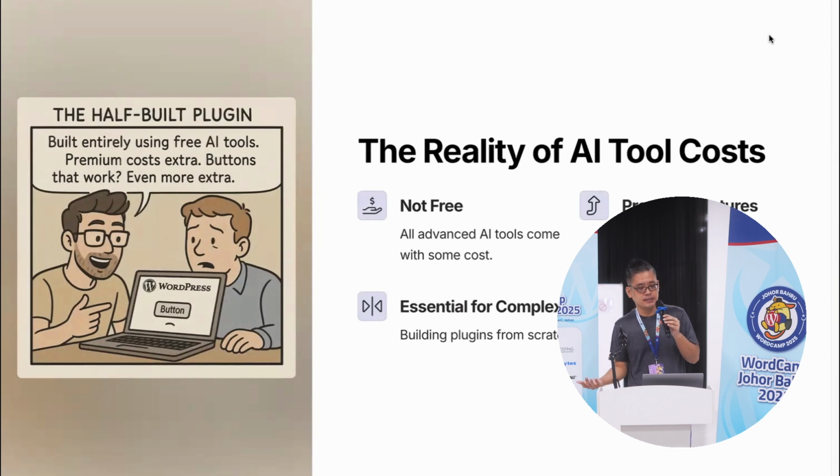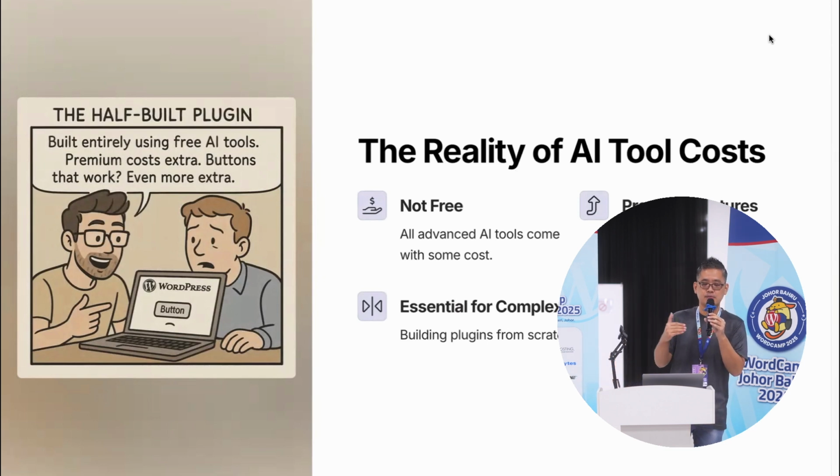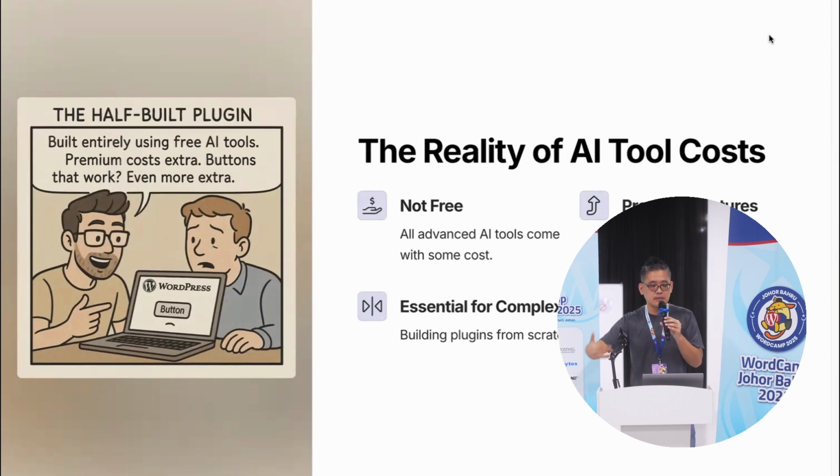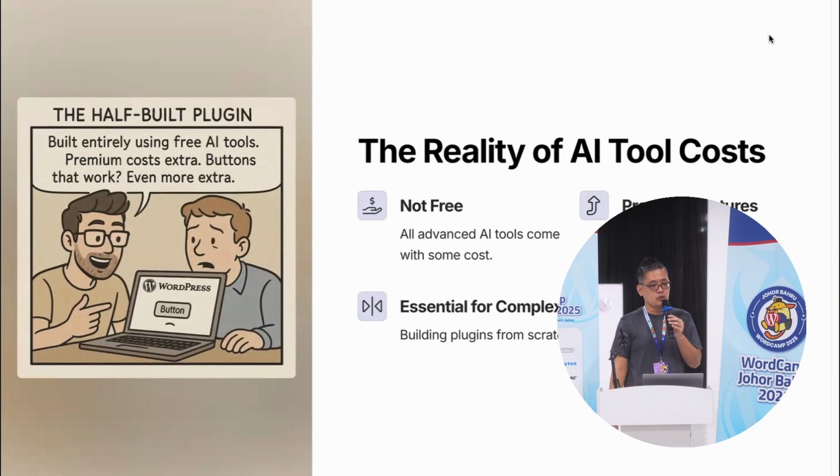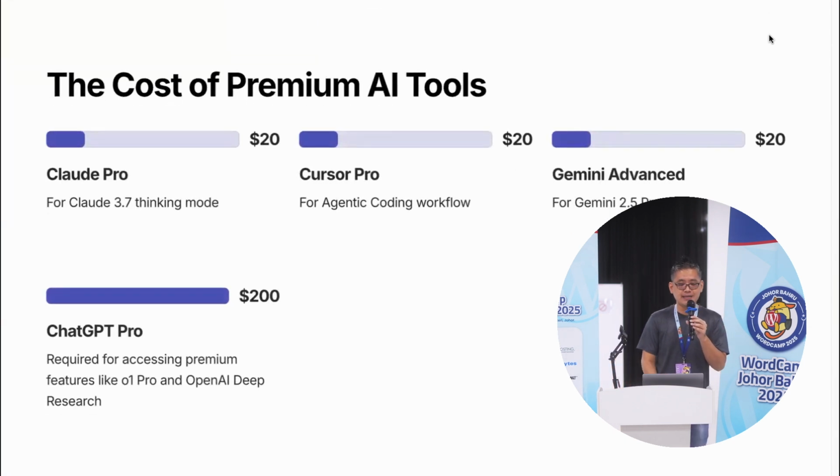Sure, there are free versions, but here's the catch: either you get the basic model, or they can't handle the complex tasks, or they have limited access to the good stuff. And trust me, when you want to build a WordPress plugin from scratch, you need the good stuff, right? So these typically cost between like 20 to 200 US dollars per month. Like ChatGPT Pro, right? That alone is like 200 US dollars per month.